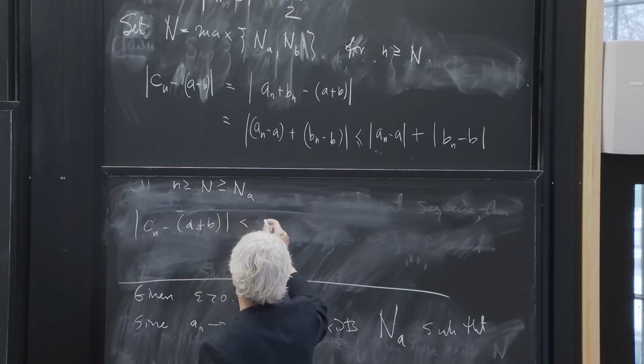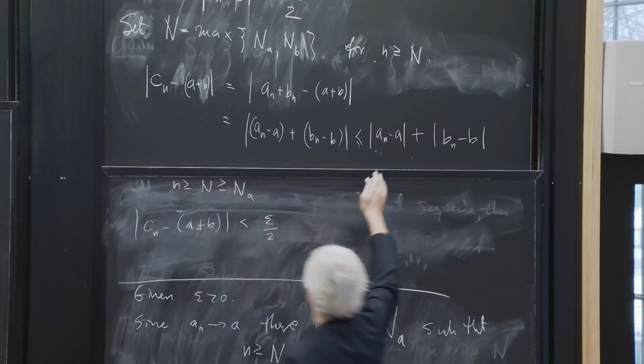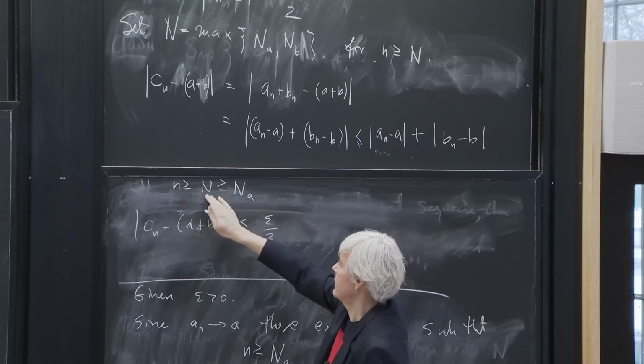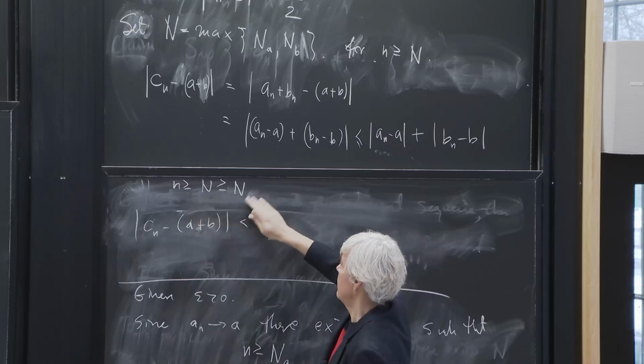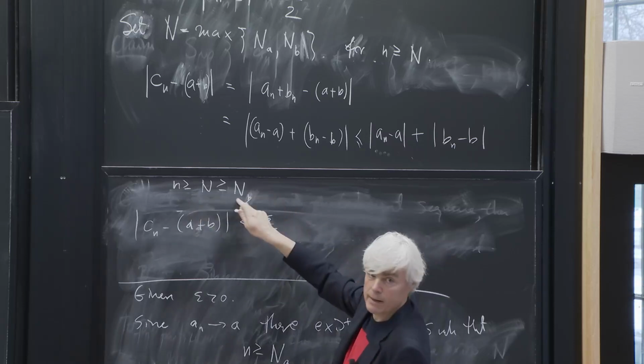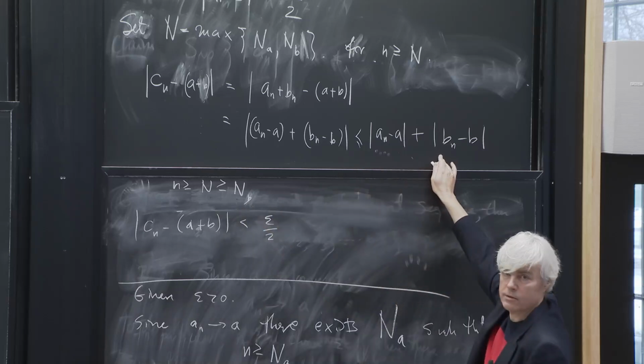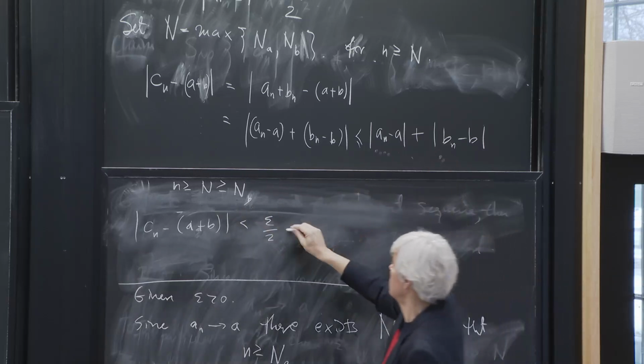That comes from this. But you also have that capital N is bigger or equal to N sub B. So you also have that |Bn minus B| is less than epsilon over 2, right?